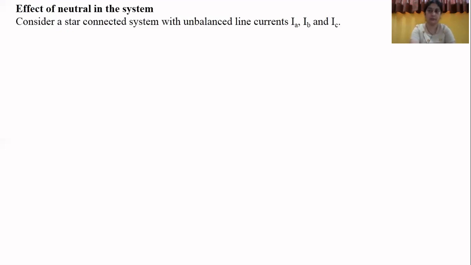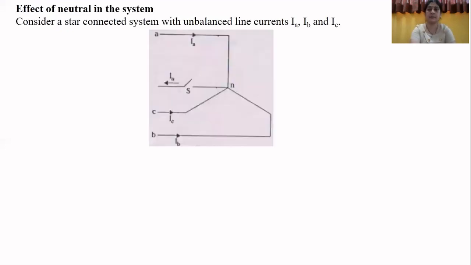Let us represent them in a star system. Consider the fourth wire, the neutral, which is connected through a switch. Now, two conditions can arise. When switch S is closed, there is a connection to the neutral point, and when the switch is open, there is no connection. Whenever there is a connection, this forms a three-phase, four-wire system, whereas when it is open, it is a three-phase, three-wire system.